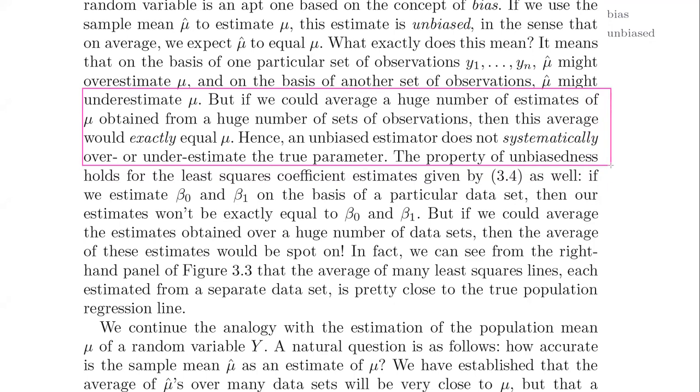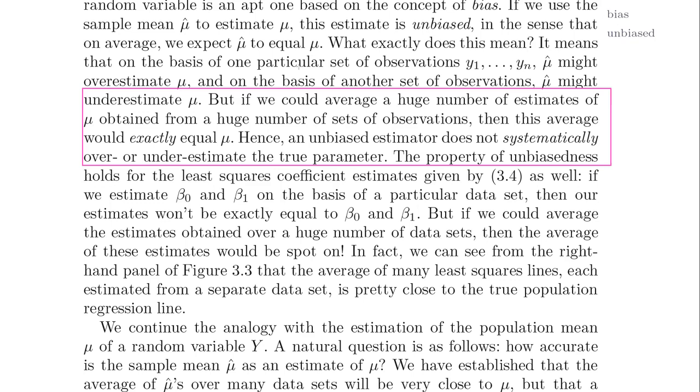If we could average a huge number of estimates of mu, so right now we only have one estimate in R, obtained from a huge number of sets of observations, then this average would exactly equal mu.